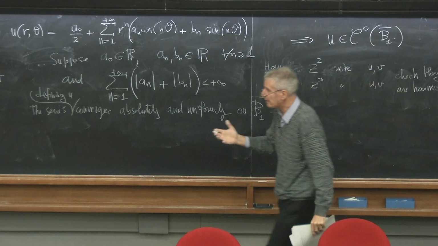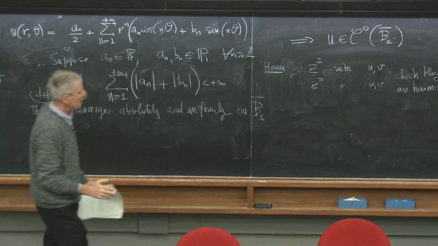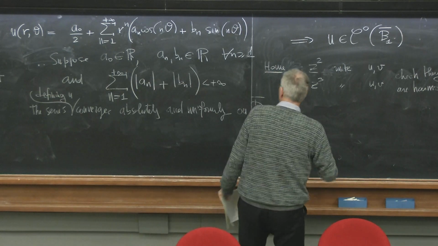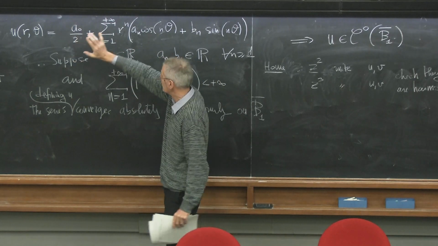Because the Laplacian is linear. If I take the Laplacian of the sum of two functions, it is the sum of the Laplacians. We have a linear PDE. So a finite sum of these, with a constant that is trivially harmonic, is harmonic.